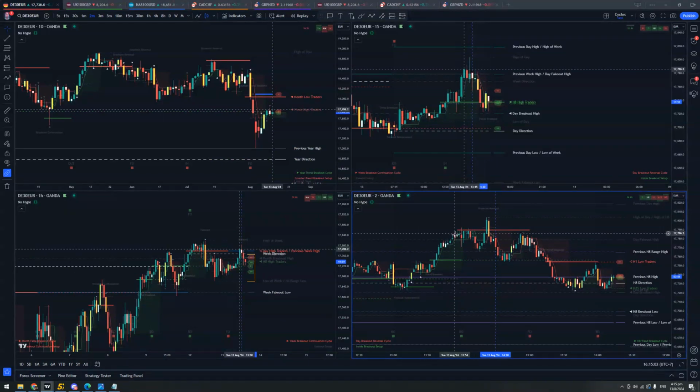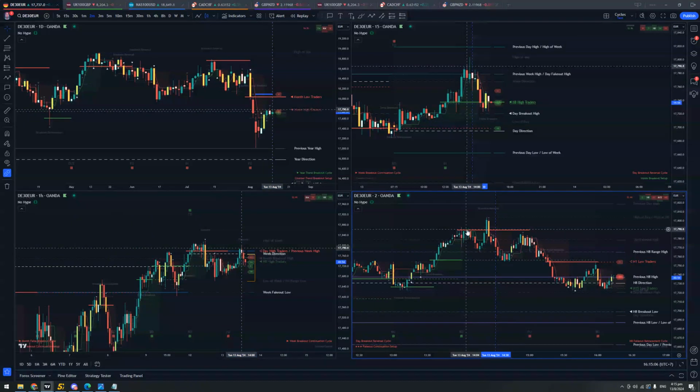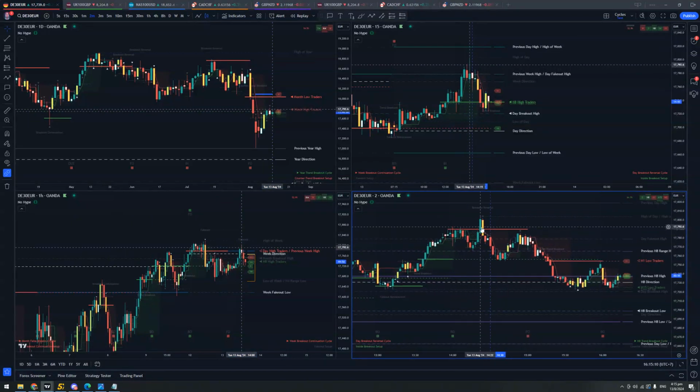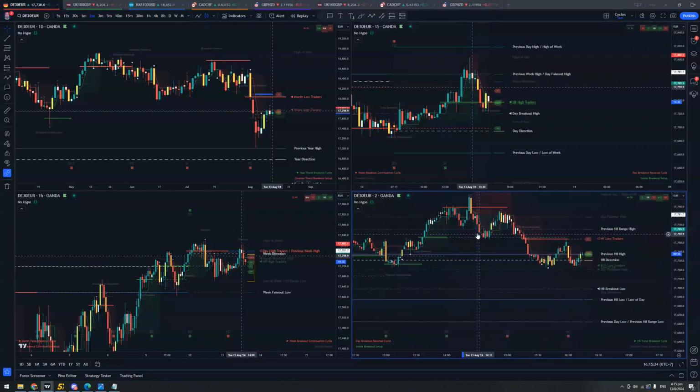So here you've triggered the previous H1, price got out. This dotted line here is the M15 high, so triggered the M15 high as well, and then got down below the M15 high as well as the H1 high, and that was enough for me to take a trade, hide my stop loss at the high of the day, and then targeting the previous day low as a first target.